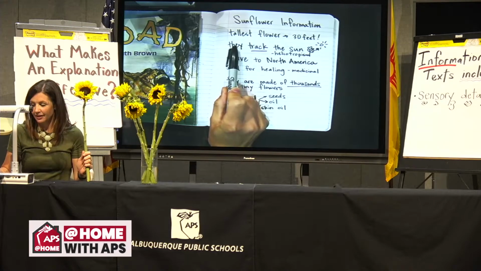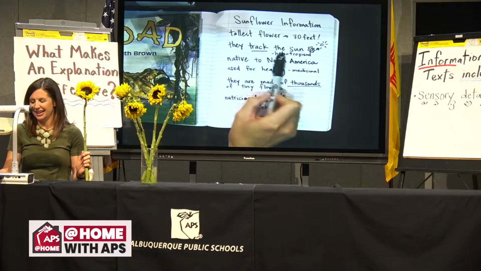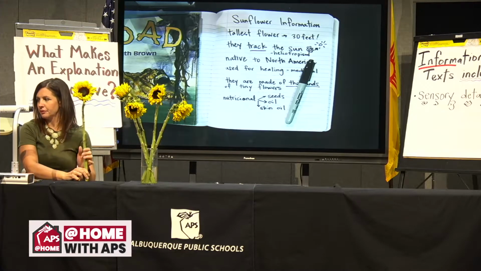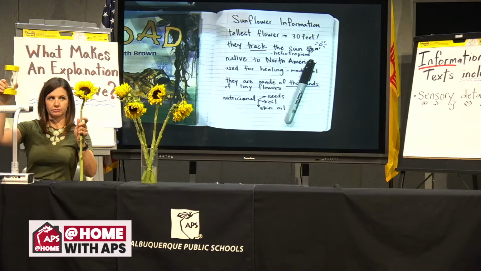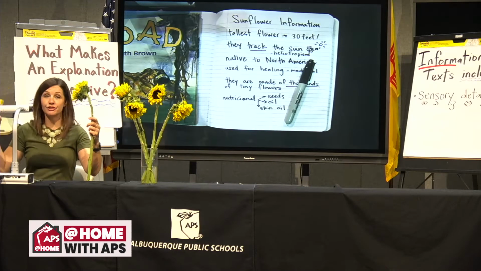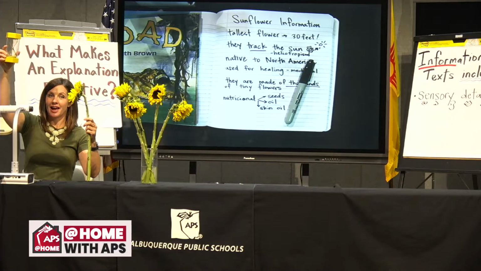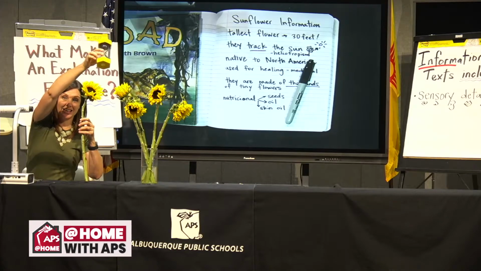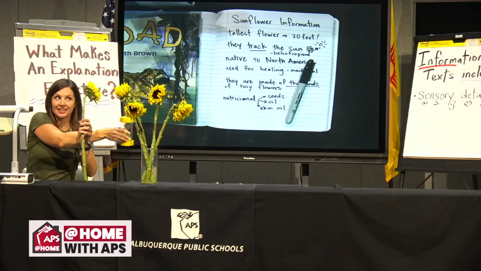Next, they track the sun. It's a fancy word called heliotropism. Let's imagine this is the sun. The sun starts every day in the east. And as the day turns, the sun looks like it sets in the west.